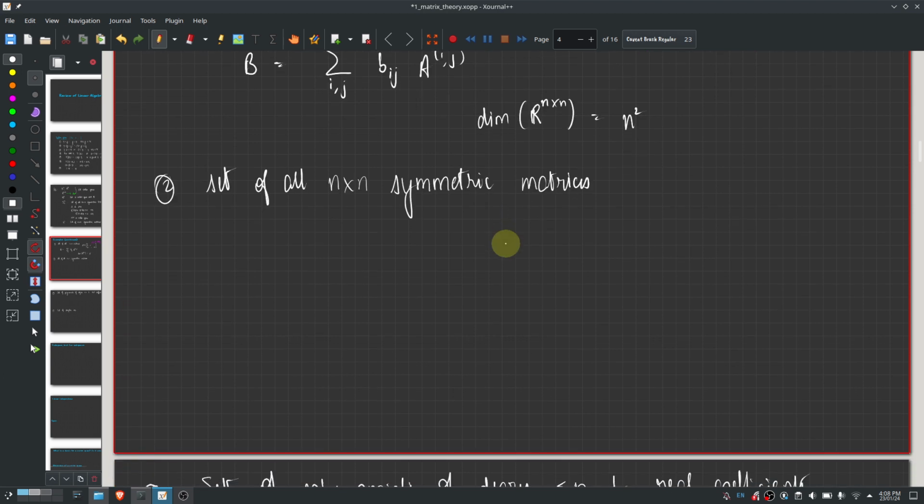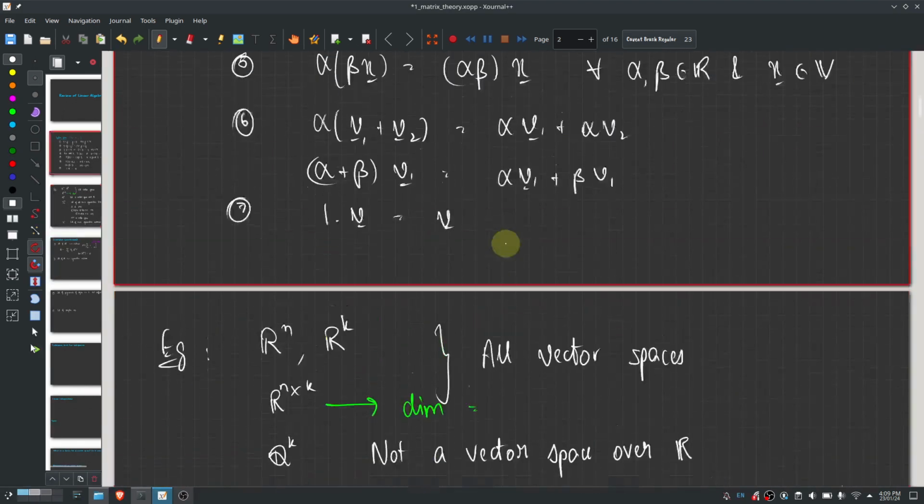Now let's consider the set of all n by n symmetric matrices. So all possible real valued matrices such that they're symmetric. Does this form a vector space? How do you argue? Does it satisfy all these properties?